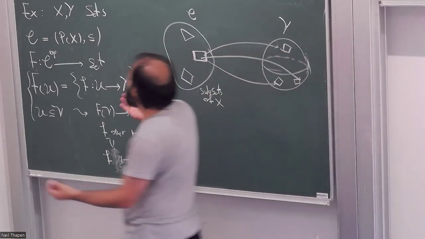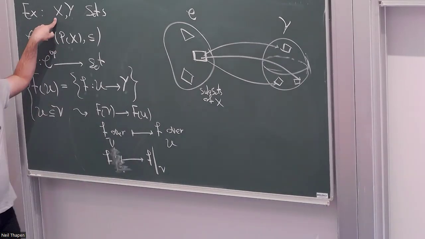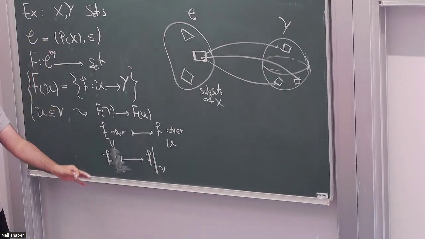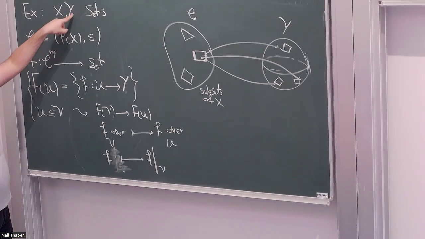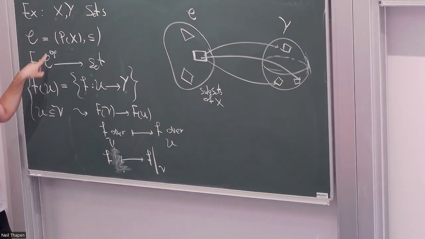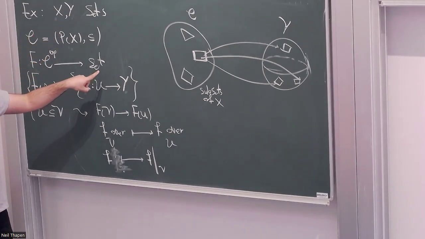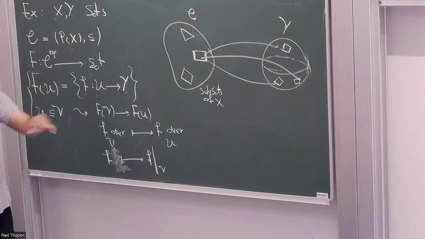Let's say X is fixed forever, and then for any Y I assign the functor F from C opposite to Set, encoding the whole data of the set Y as a function, right?